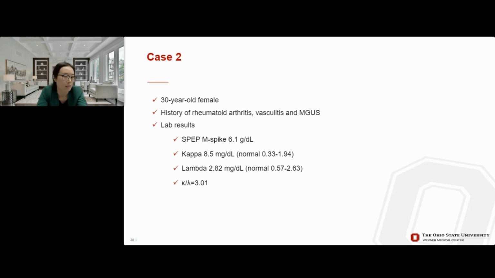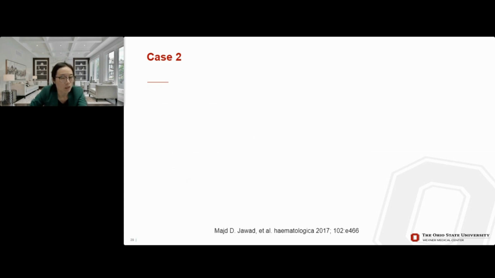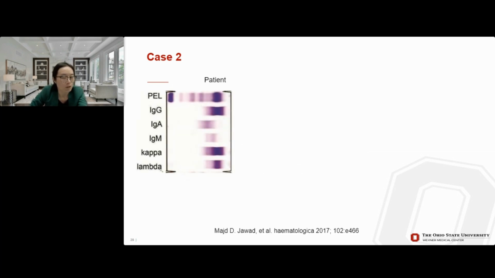So what is the next? For sure, we need to identify the subtype of monoclonal immunoglobulins. Her serum immunofixation showed a biclonal gammopathy, which is G kappa and G lambda. However, her bone marrow biopsy revealed 8% plasma cells that were polyclonal by flow cytometry.